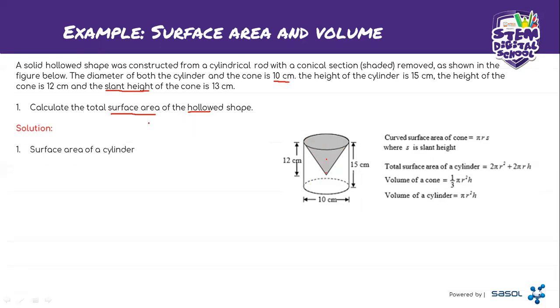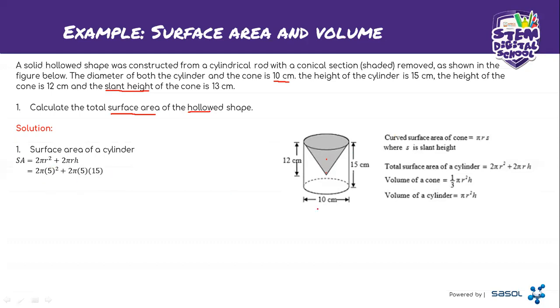First we have to calculate the surface area of the cylinder. Let's start calculating the surface area of a cylinder. You write the formula there. You can see next to this object we've got formulas that you can use. Then the next step, you just substitute.